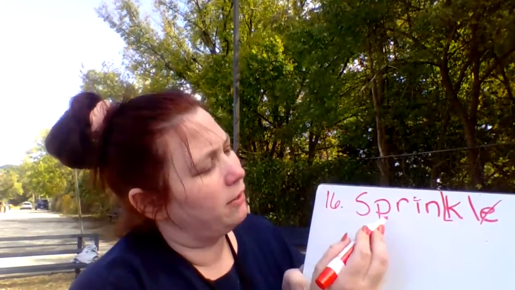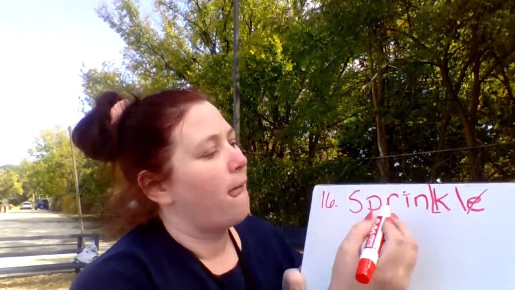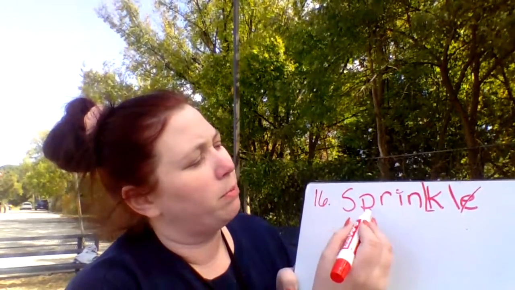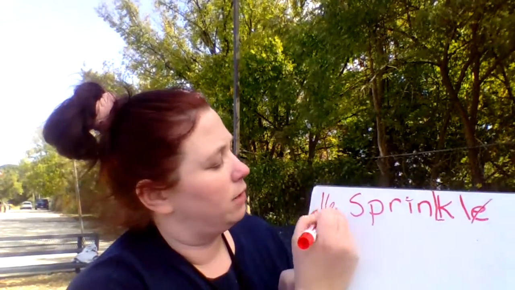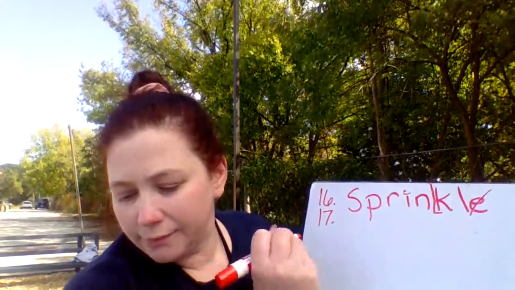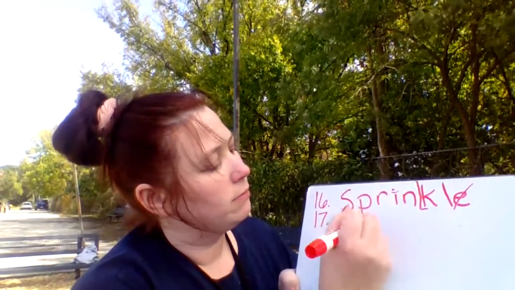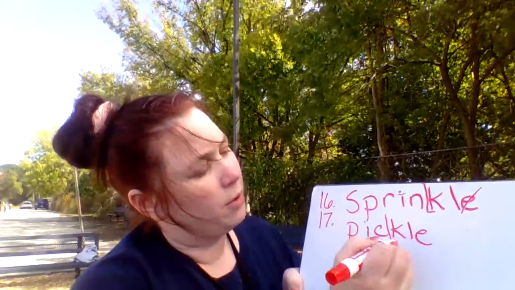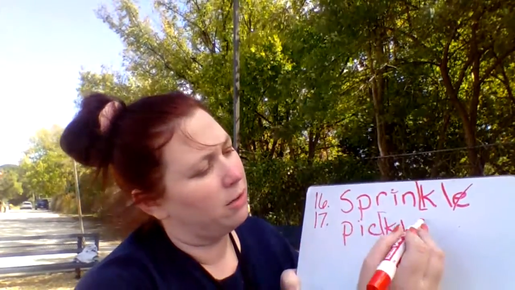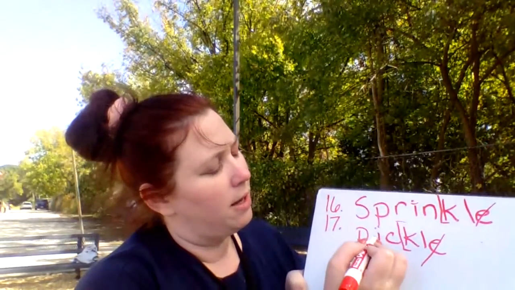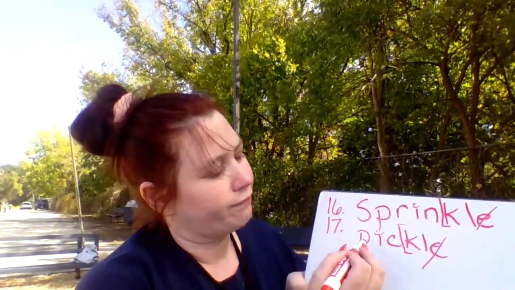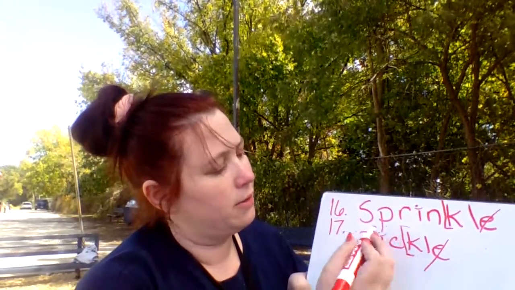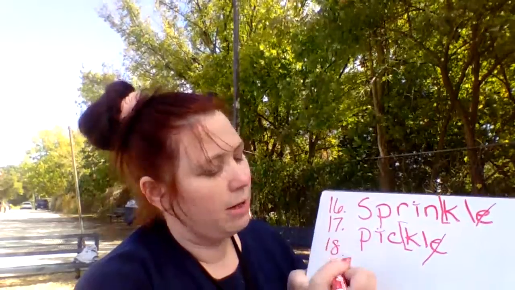Here we see we have the SPR blend, but we don't do anything for that either. We have sprinkle. Number 17, pickle. Again, we're going to do the bracket, cross off our E, and then we have vowel consonant, pickle, gets the brev.